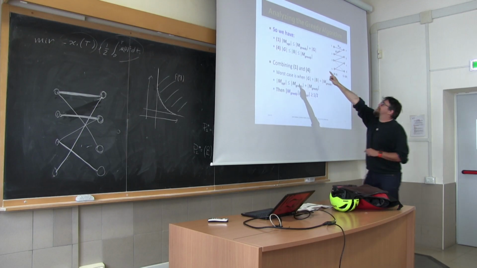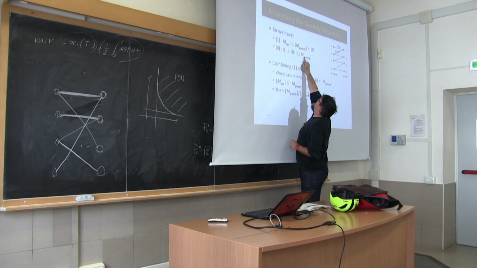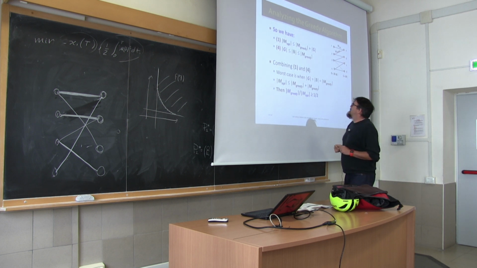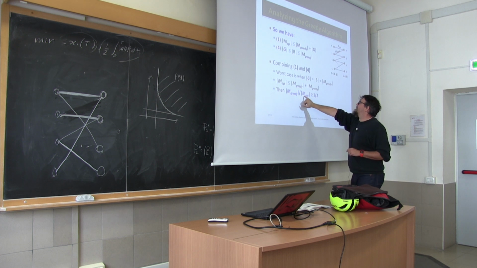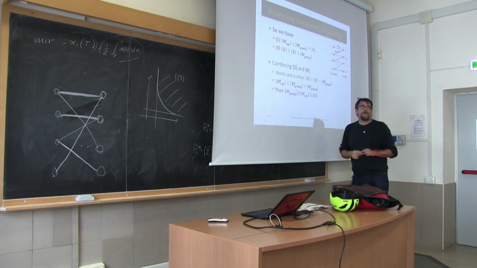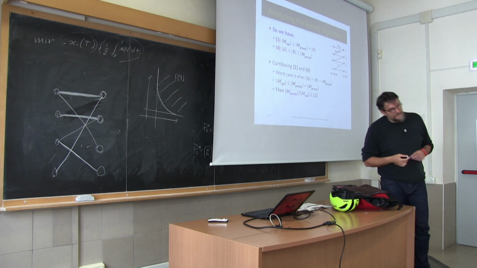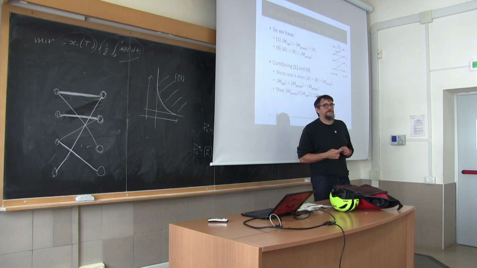And so M optimum is less or equal than twice M greedy. We are putting this there. And so if we want M greedy over M optimum, this is greater than or equal to 1/2. And so we prove that the greedy algorithm has a competitive ratio of 1/2.